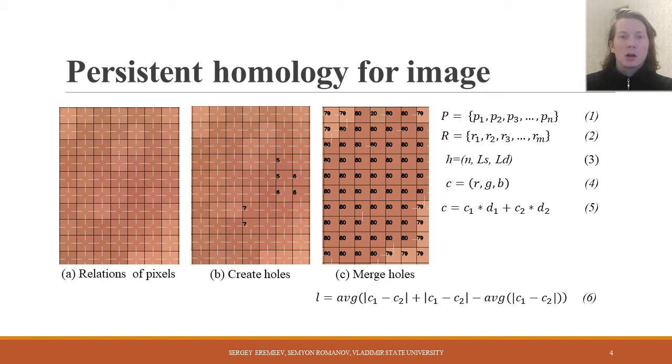The new hole cover will be calculated by equation 5, where C is the hole cover value and D is the area. Thus, the algorithm will work until there is one single hole that occupies the entire image.